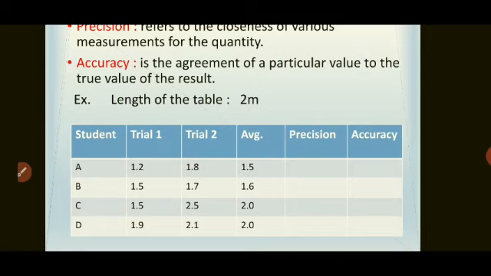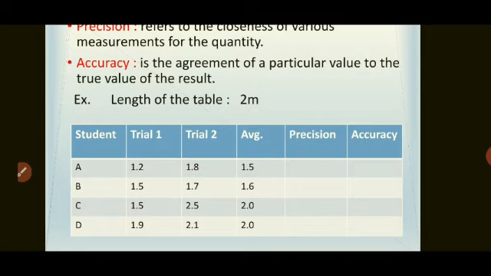If you see, these two values are not close to each other, so there is a difference between the readings of the same person. If you take the average of these two, add both and divide by 2, the average comes as 1.5.